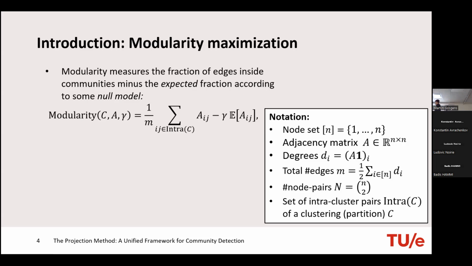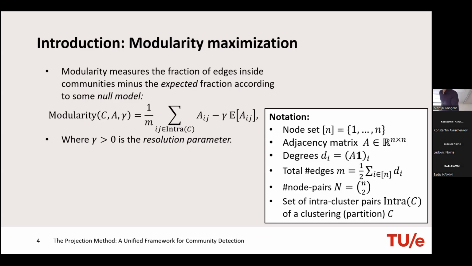And then you count one if the node pair is connected. And then for each of these node pairs, you subtract the expected edge indicator there minus some constant gamma. This gamma is a resolution parameter. If you choose larger values of gamma, then maximizing this will result in smaller communities. And if you use small values of gamma, then you'll detect larger and fewer communities.